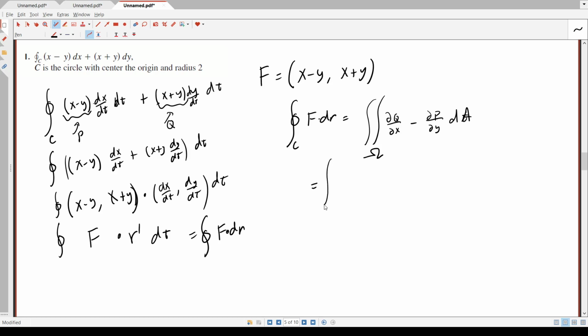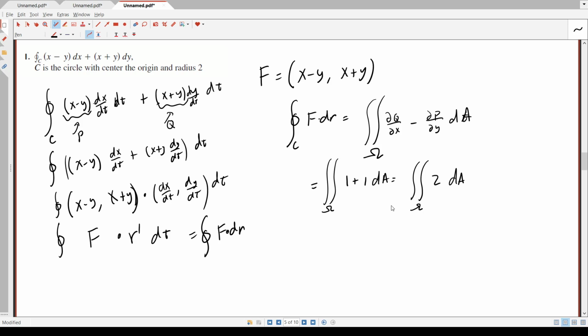So let me compute those derivatives. The derivative of this is going to be 1, minus the derivative of this with respect to y, which is going to be another 1. So minus minus is a positive. So that's the double integral of 2 dA over omega.